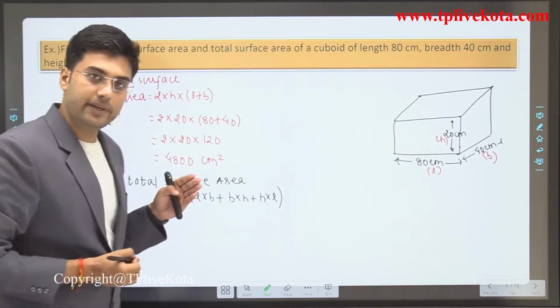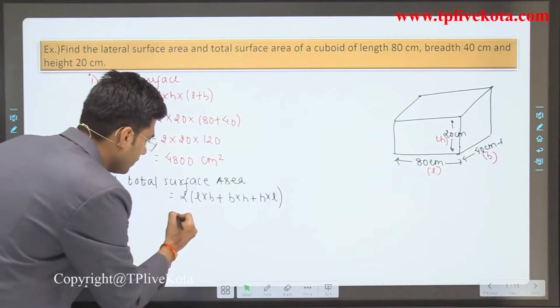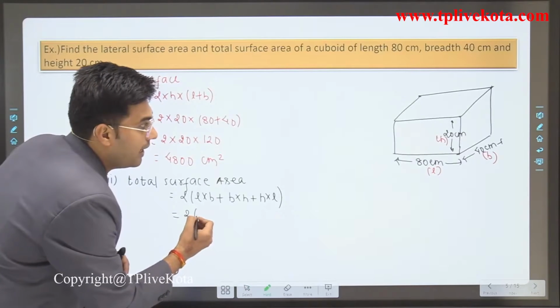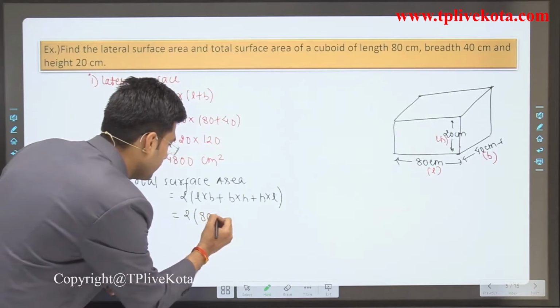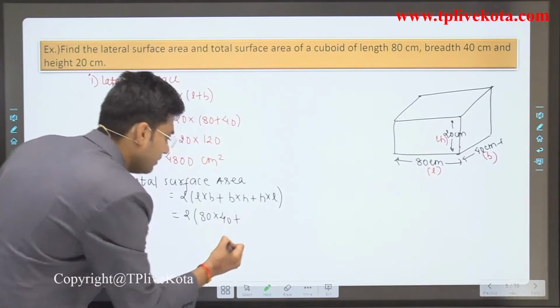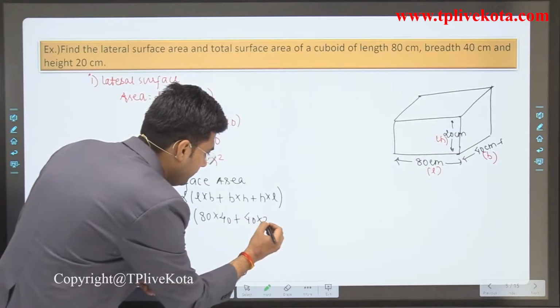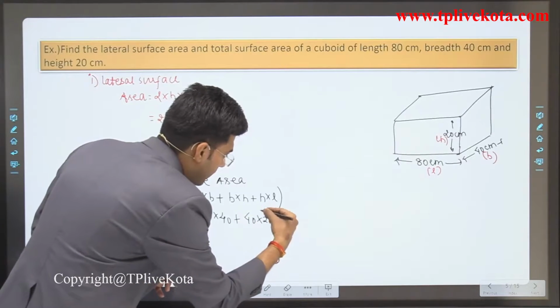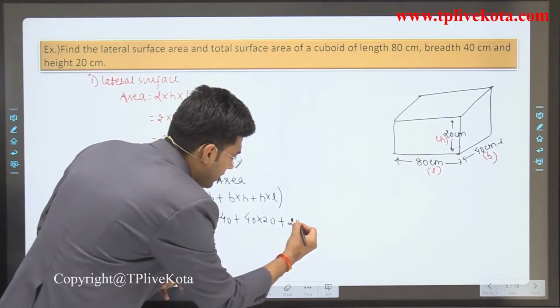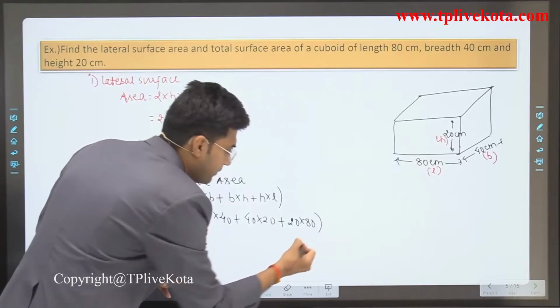Now let's replace all the values here. So it is equal to 2 times, L is 80, B is 40, 40 multiplied by 20 plus, H is 20 and it is 80.